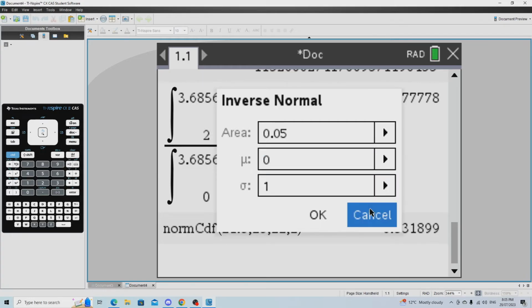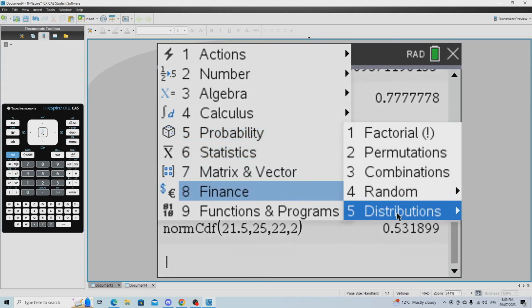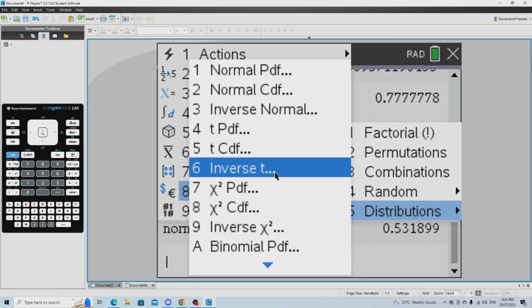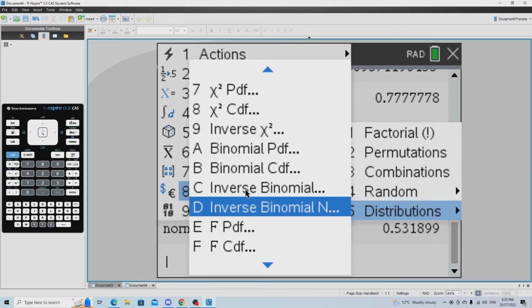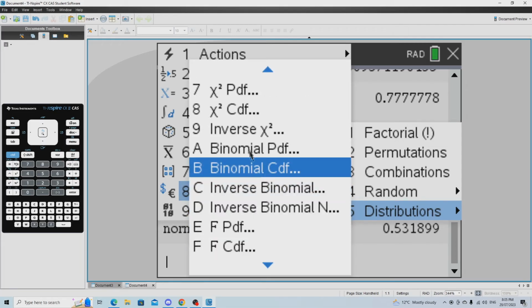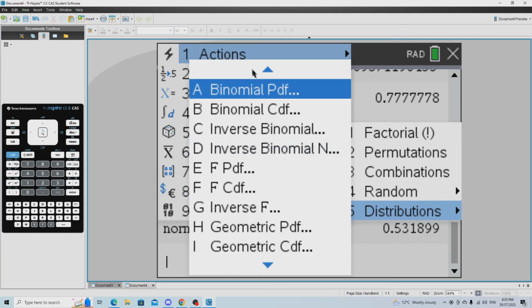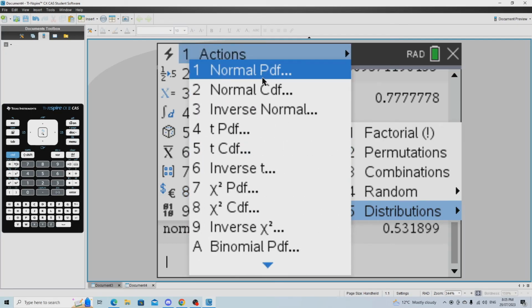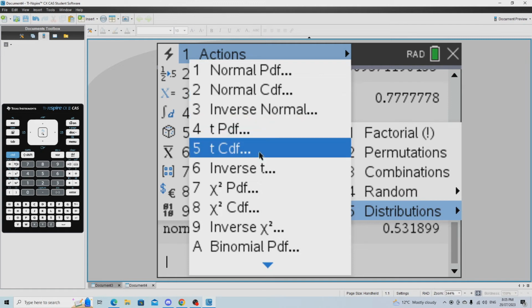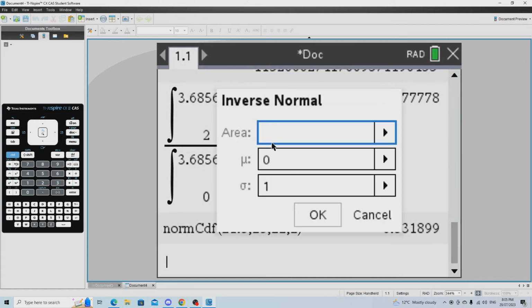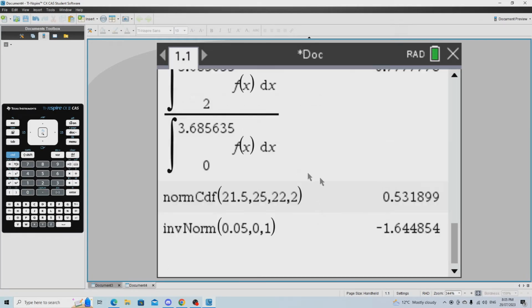Yeah, it's 0 and 1, because it's the normal distribution, which is 0 and 1. Your area was 0.05.